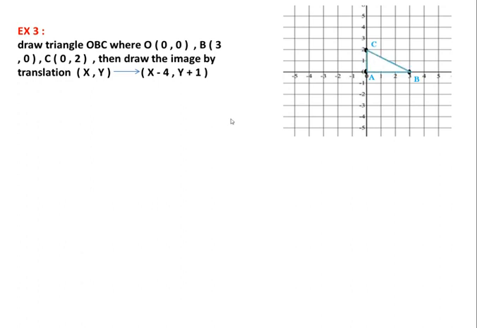To get the image, find the image of each point by translation x minus 4 and y plus 1.